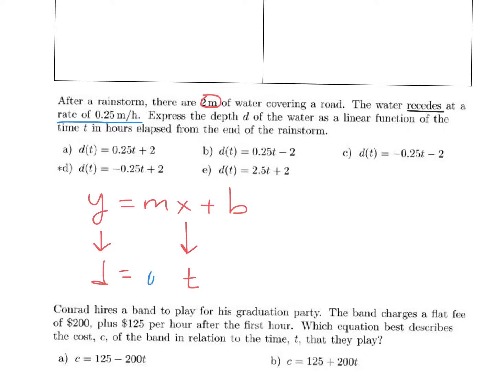That's going to be your slope. And the next part is it starts at 2 meters, so that's going to be your b. Now remember, it recedes, right? So it means it's draining. So I should put a negative sign in front. And that's my answer there.